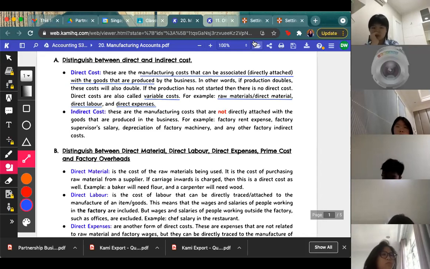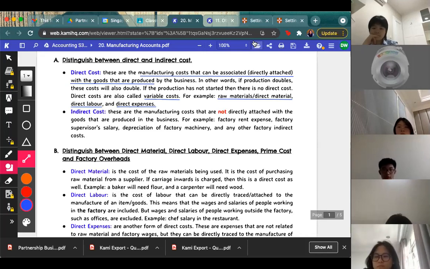If the bag is handmade, definitely you will need a labor to do that. If the bag is not produced, then the labor does not exist, but if the bag is produced, then the labor exists. So direct labor is the person who touches the bag directly or who operates the machine producing the bag directly. Without that person, the product cannot be produced. Is that clear?